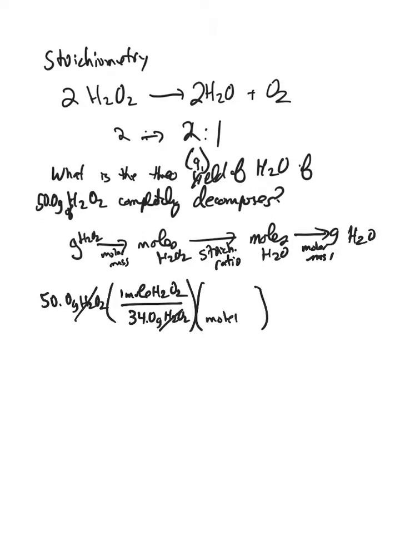Now we want to convert moles of hydrogen peroxide to moles of water. But we need our stoichiometric ratio. So it's 2 moles of water is produced from 2 moles of hydrogen peroxide. And that may seem like a redundancy. 2 divided by 2 is 1.